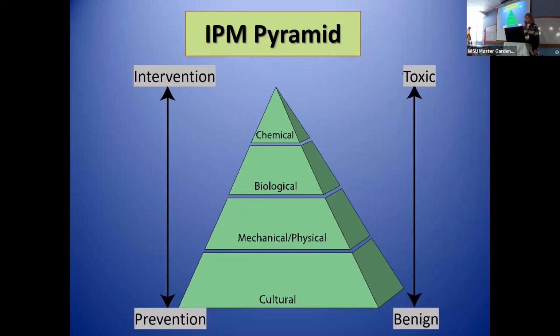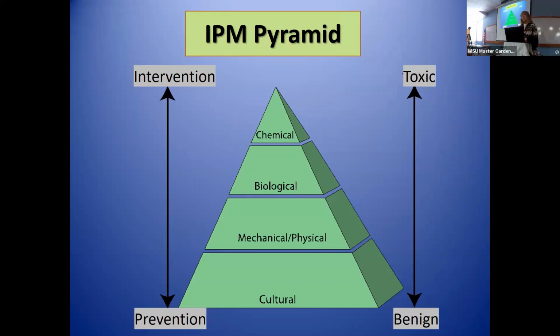So the bottom starts with cultural, and that really revolves a lot around doing things that are preventative. And then moving up a rung, physical, you're actually getting out and doing some physical things that can stop and decrease the pest disturbance. Biological is the use of your beneficial insects, your pollinators, your predators, and your parasitoids.